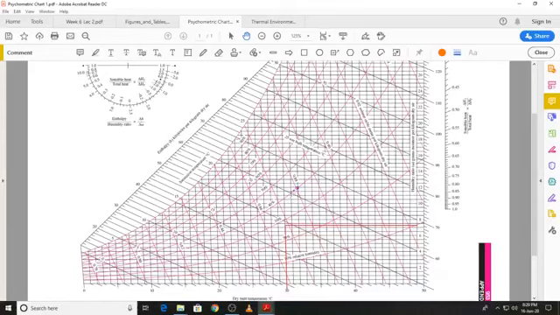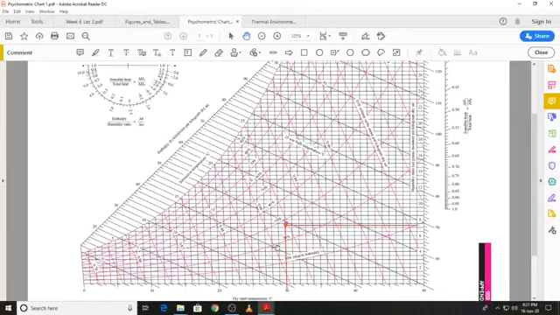I will just move this over here. And you can now see that the state point is identified over here, and we just need to read the relative humidity from the psychrometric chart.